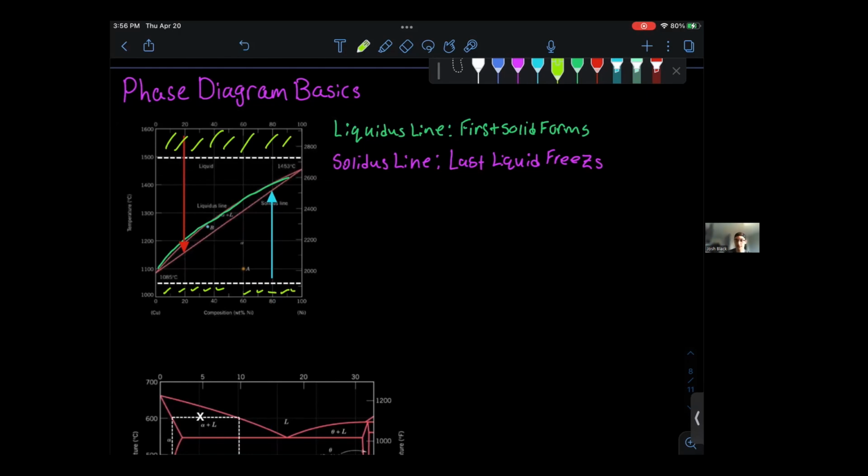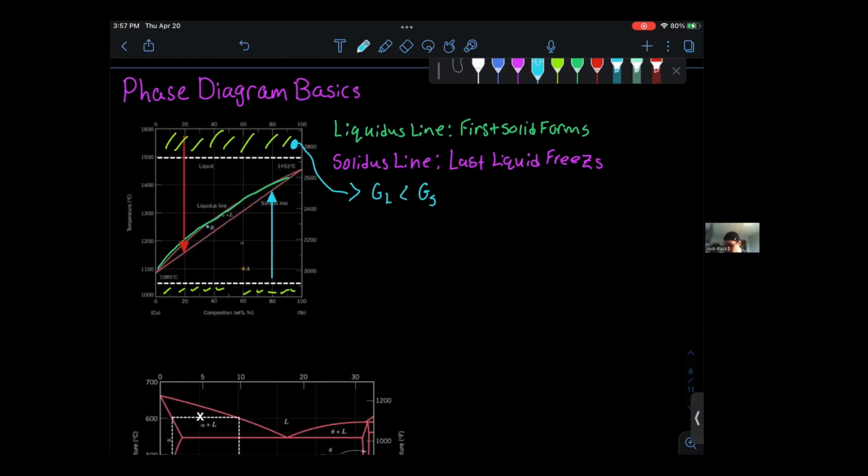and we talk about Gibbs free energy, if we're looking at this area here, what can we say about the Gibbs free energy of the liquid compared to the Gibbs free energy of the solid? Well, we know we have all liquid, and we know that in equilibrium, the state present has the lowest Gibbs free energy.